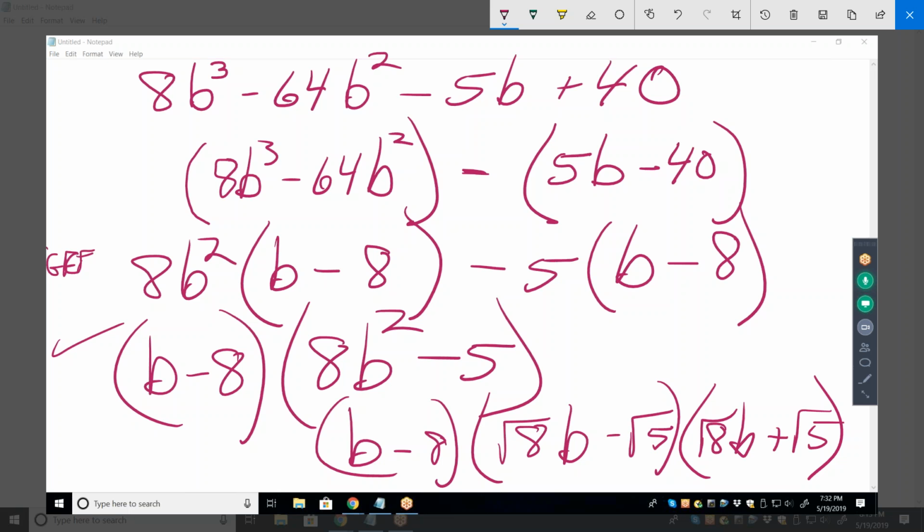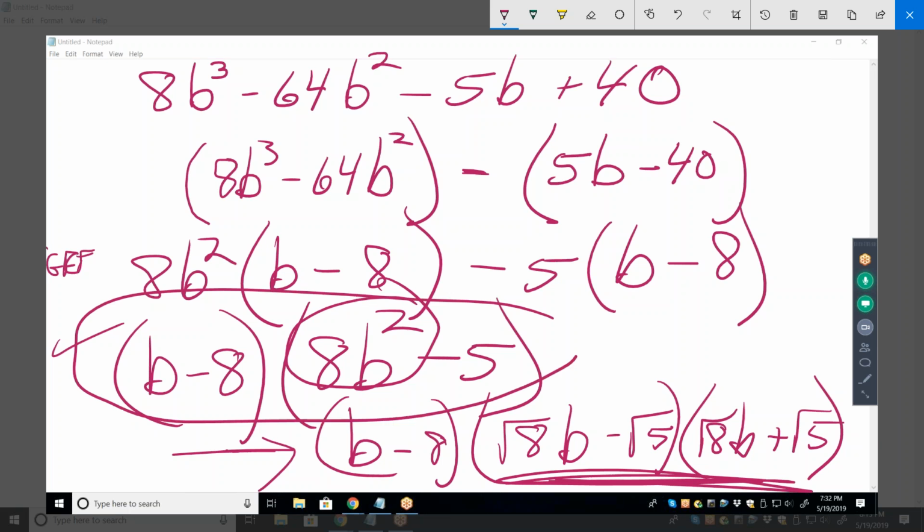So that's the final answer. If you were factoring it all the way down, that's what you'd get. Okay. In other words, I treat that as a perfect square, so all I'm going to do is take the square root of it, which is square root of 8 times b. Same with the 5. But they haven't taught you to do this part here, so I'm sure they're looking for that as your answer.